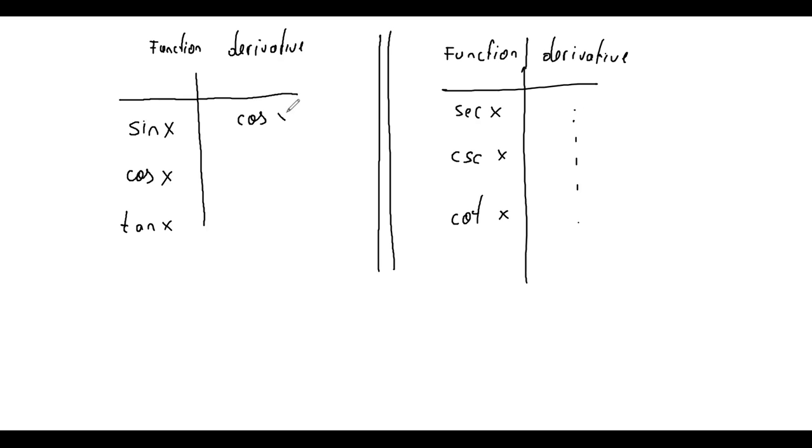So cosine x is the derivative of sine, negative sine x is the derivative of cosine, and for tangent you have secant squared x. I said that in calculus too, you will also need this one plus tangent squared x, but we don't even use this in Calc 1. I just tell you that it exists, but we never use this thing. Even in the book, you don't use that. All right, so these here need to be well understood.